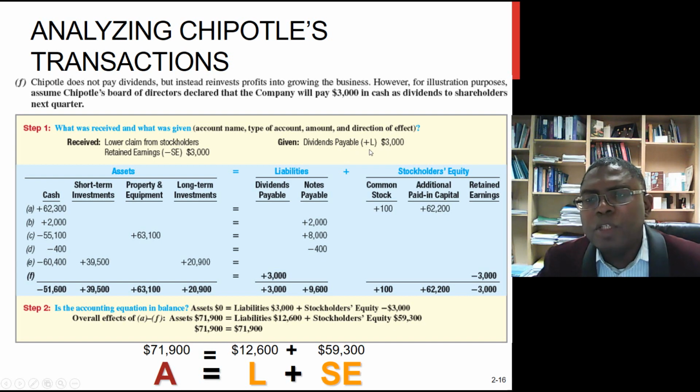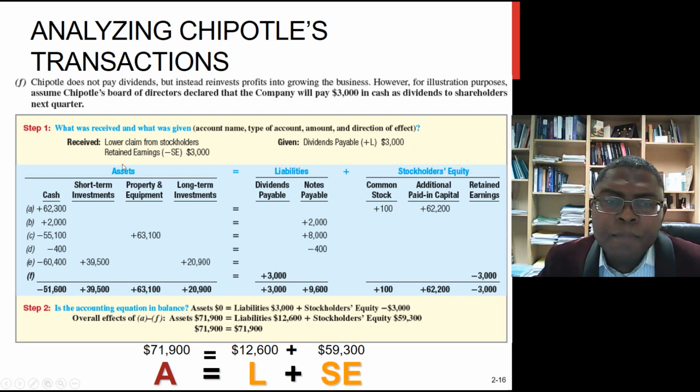The company promised to pay dividend in the next quarter, so that is dividend payable, which is a liability. So liability is increasing by $3,000, and retained earnings, which is an equity account, is decreasing by $3,000. So those are the two accounts that will be affected.